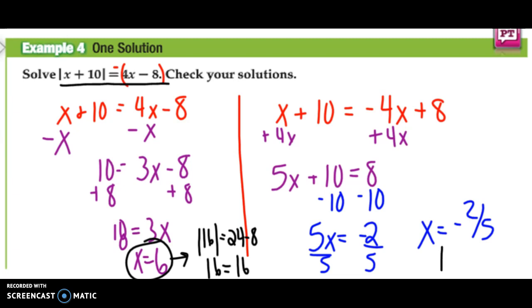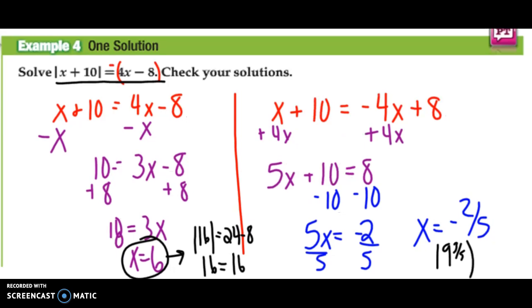All right, so negative 2/5 plus 10 is going to be a positive 9 3/5. Now, on the other side, it's going to be equal to, well, negative 2/5 times 4 is going to be a negative 8/5 minus 8.